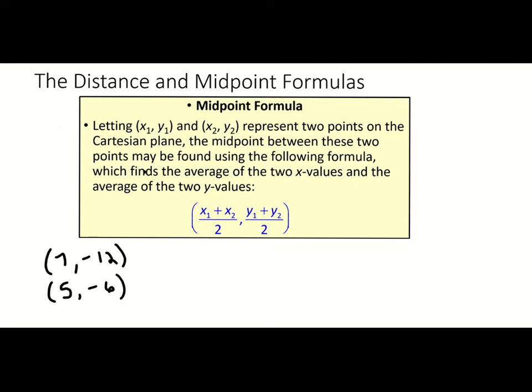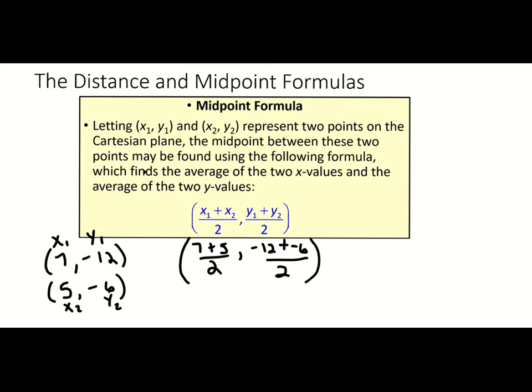Again, it doesn't matter what you call 1s or 2s, just as long as they're the same for x's and y's. So we will start first. We are going to add 7 plus 5, divide by 2. That'll be my x value. And then -12 plus -6 and divide by 2. That will be my y value.